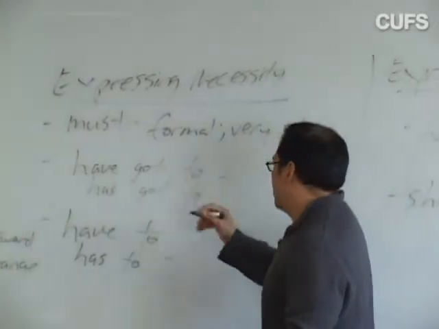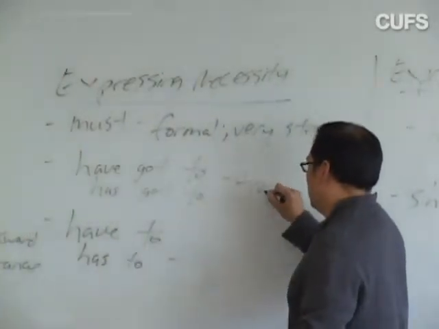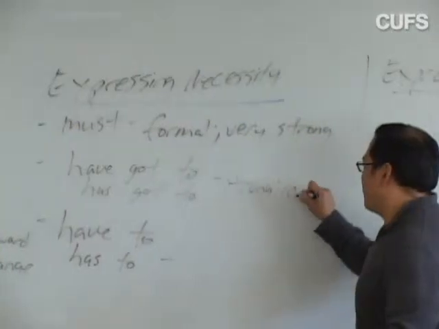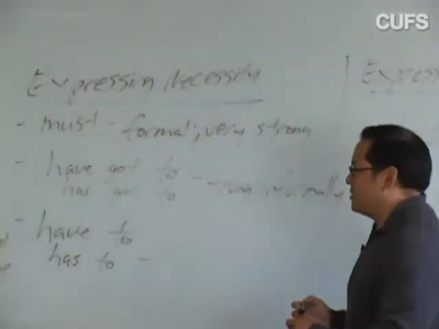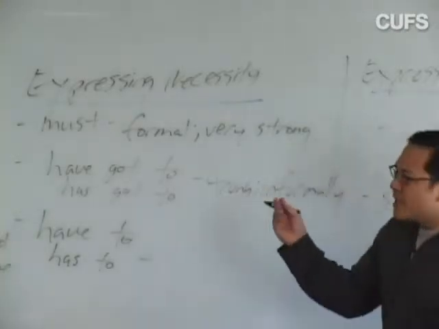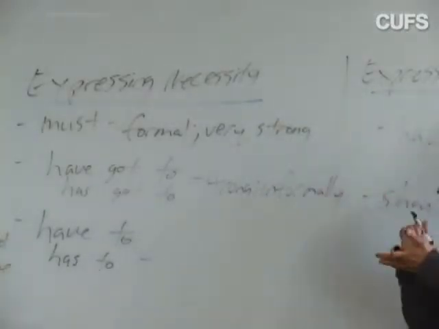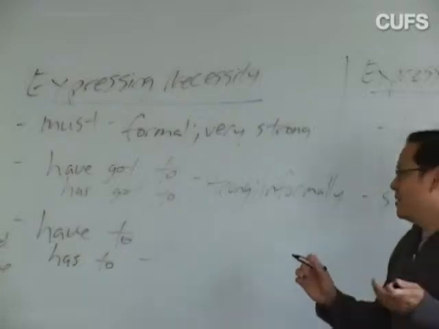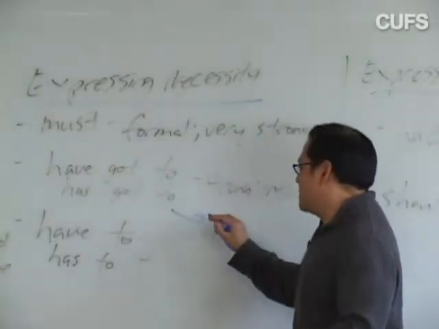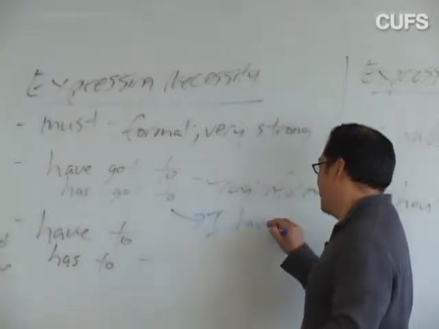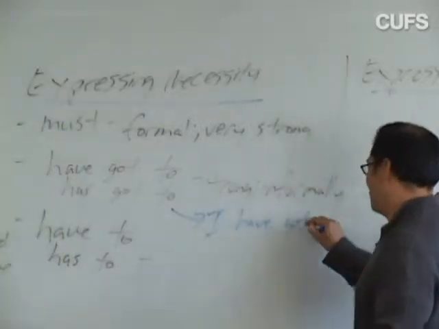Okay? This is also strong. Okay? But we use this informally. Okay? Have got to. So informally means you will not usually see this in writing, especially formal writing, business letters, things like that, because this becomes I have got to.